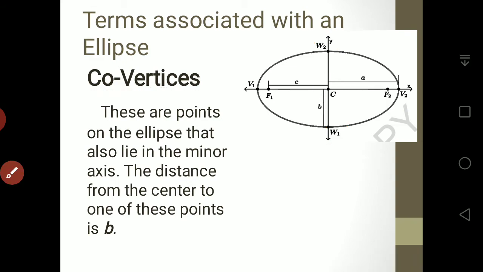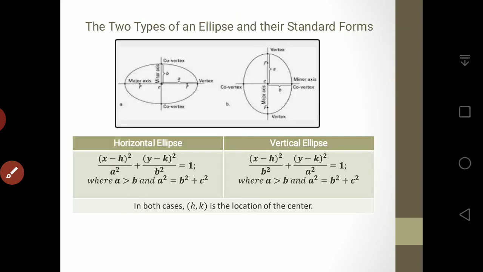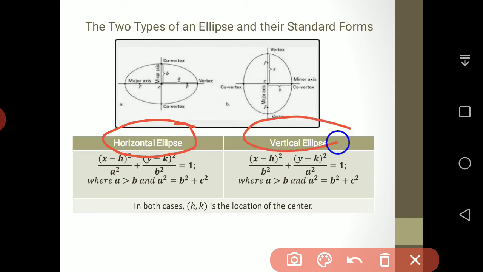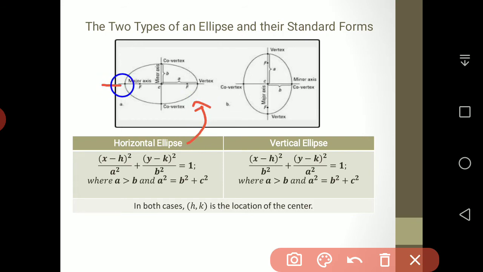Got it? You might be thinking that there could be 2 types of ellipse, and there are. You have the horizontal ellipse and the vertical ellipse. The horizontal ellipse is an ellipse whose major axis is horizontally placed, and the vertical ellipse is an ellipse whose major axis is vertically placed, and they have identical standard forms. Do you see the difference?